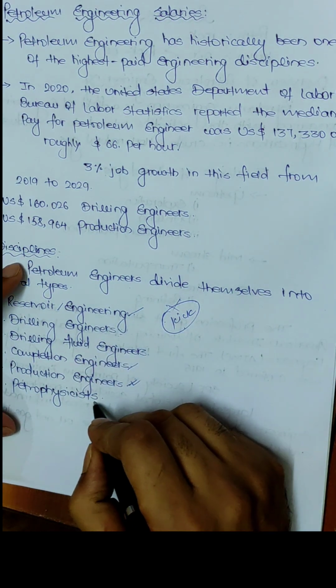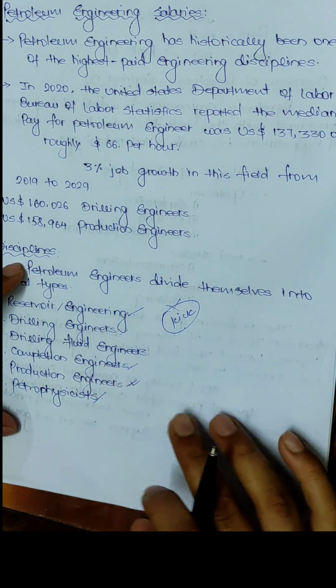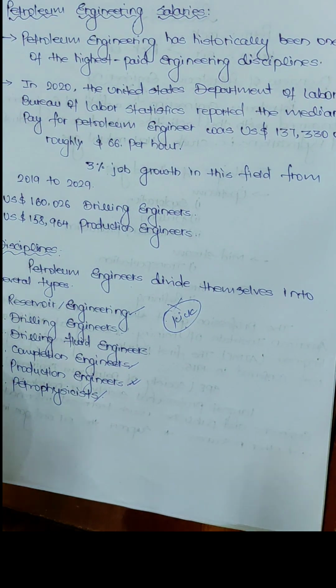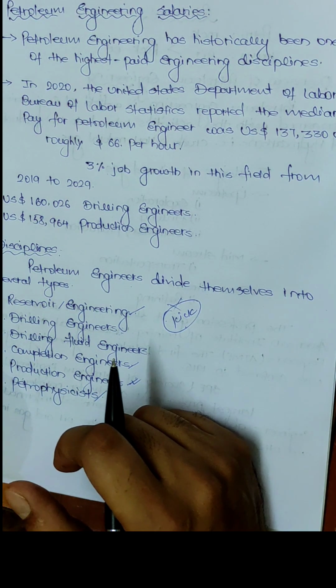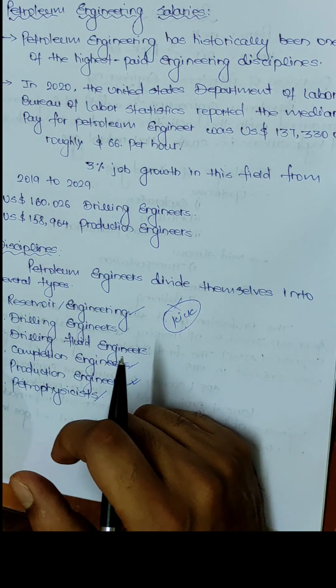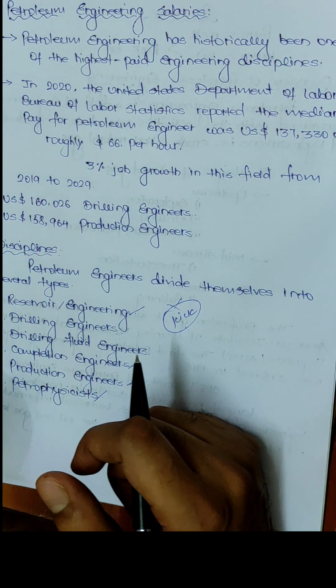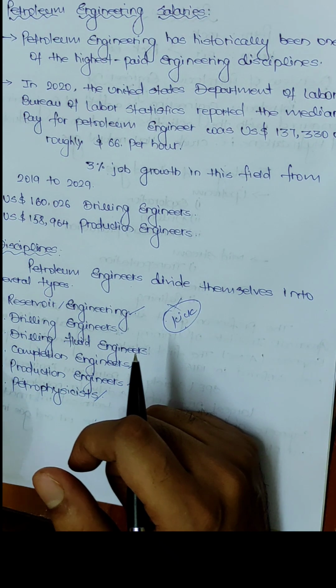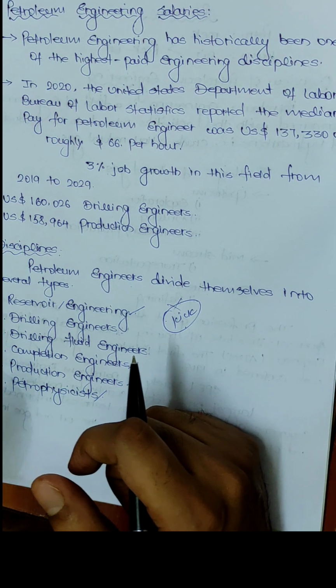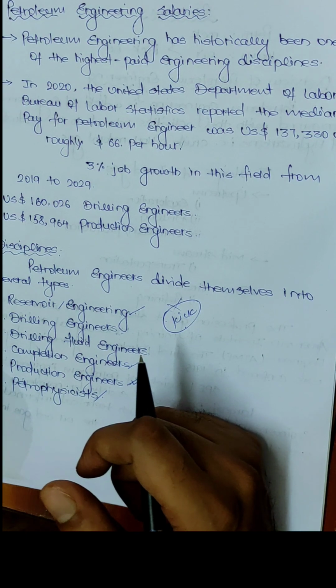Similarly, petrophysicists study the subsurface and rock properties. By studying the properties of the rock, we can understand whether it is a sedimentary, metamorphic or igneous rock, which rock has potential for hydrocarbons, at what time these rocks were formed, at what temperature and pressure, and the pores, porosity and permeability of the rock.